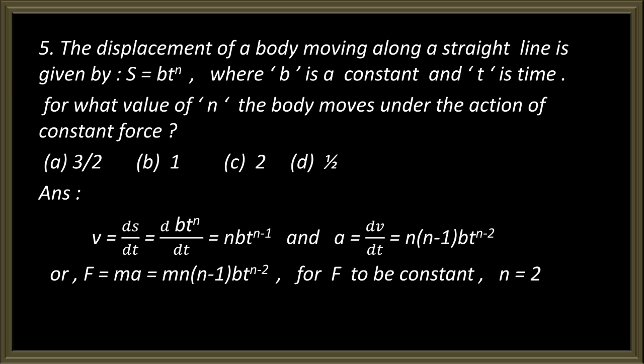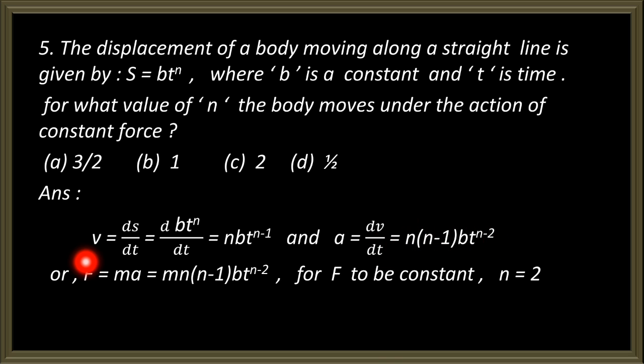So here we have to find the force. First of all, we have to find the force, and force equal to ma. So to find the acceleration, first of all we find velocity, which is given by v equal to ds by dt, and thereafter we differentiate the velocity to find the acceleration. So acceleration equal to dv by dt, which is n into (n minus 1) b t to the power n minus 2.